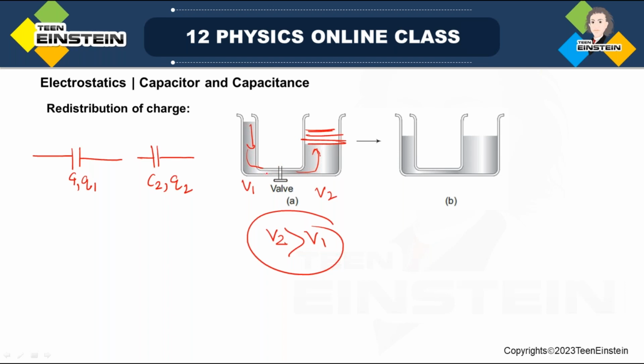Okay, and when the flow of liquid will stop, that is the time when the height of the liquid, like top surface of the liquid, becomes equal. So in this case, if the level of the water becomes equal, then what happens?